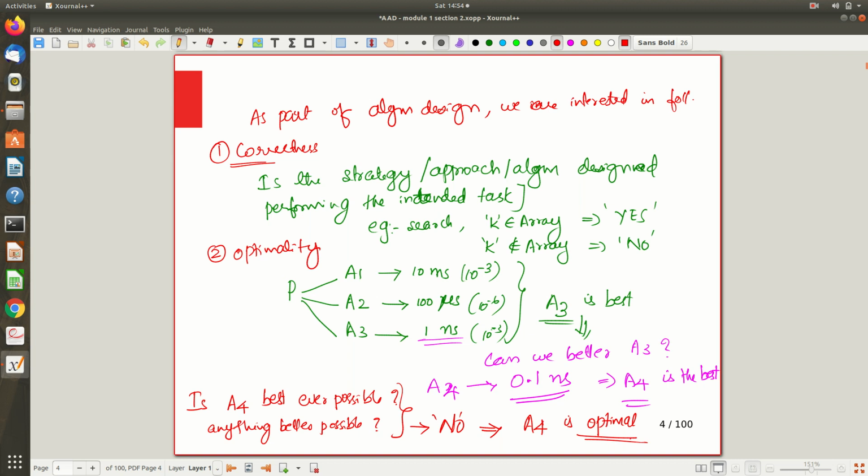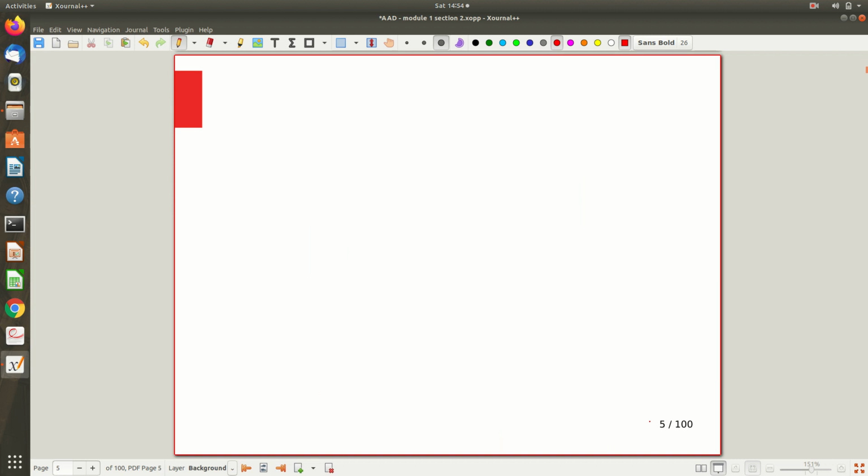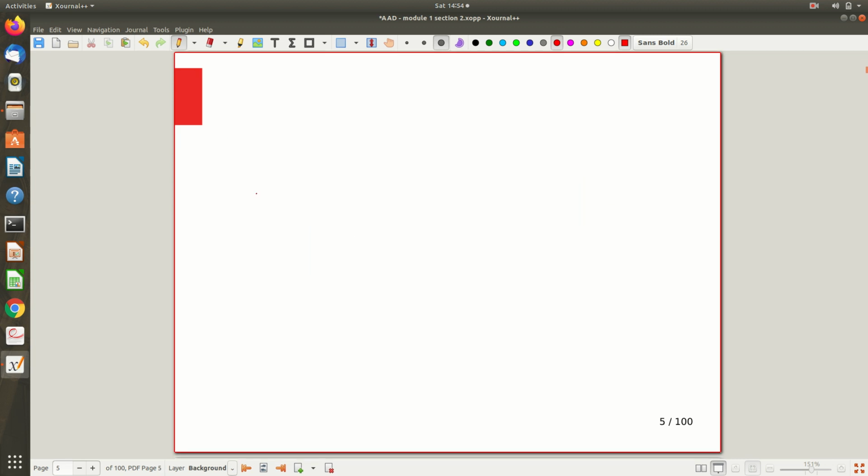I can say that A4 is the optimal algorithm. And basically the study of optimality is to find such best ever algorithms, right? Like what we saw already.